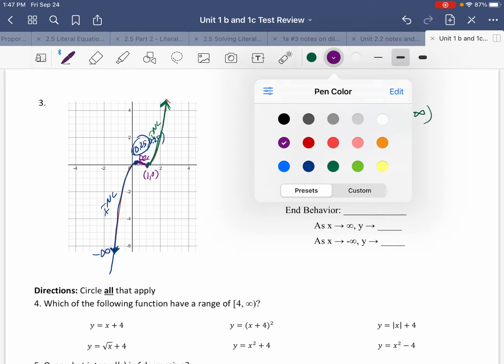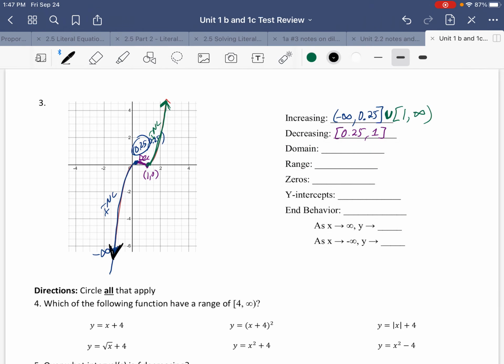Domain is x values. X values are going left forever to negative infinity. You follow it, it'll continue to the right forever to positive infinity. Range: how low will it go? This arrow will keep going down forever. Down forever is negative infinity. Up forever, it's going to go up, up, up.